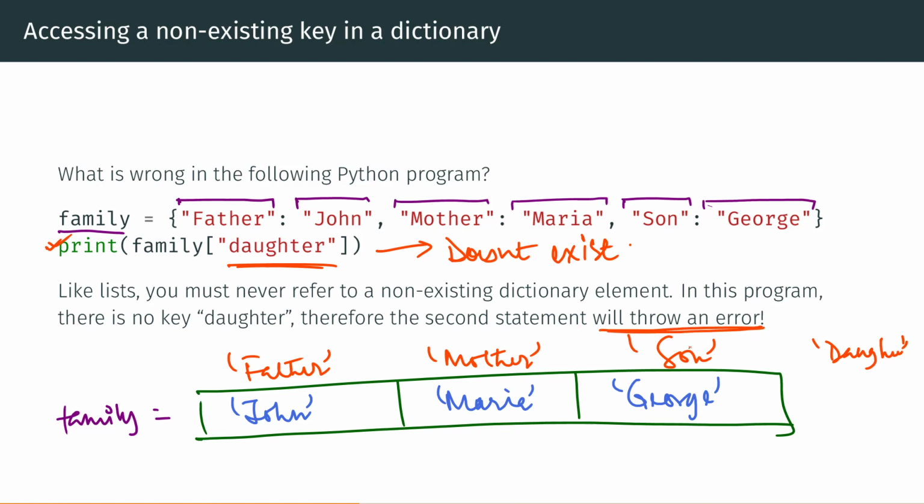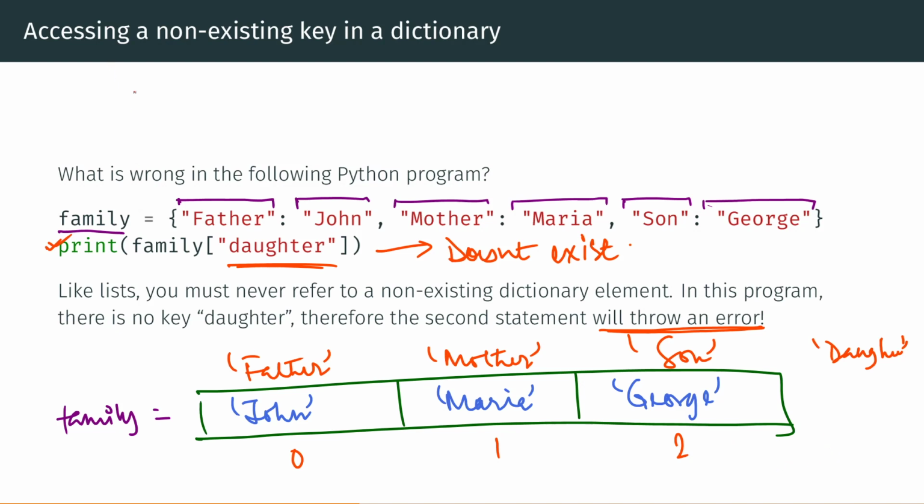This is again very similar to lists. So imagine for a second that instead of a dictionary, your family were a list, and the indices were 0, 1, and 2. Now if you want to access the element at position 3, it will throw you an error.